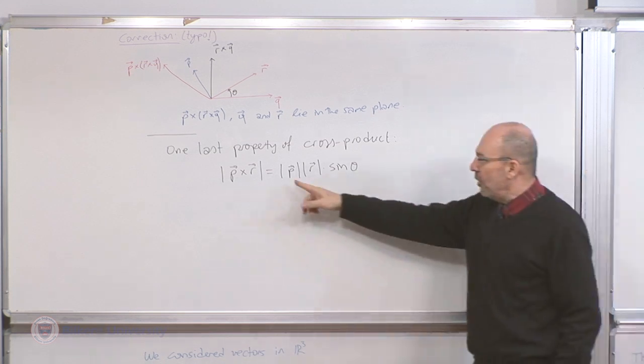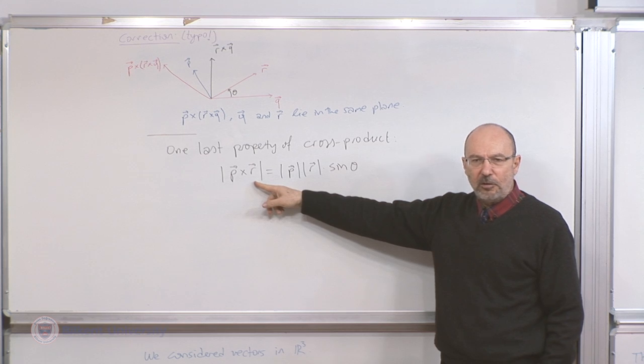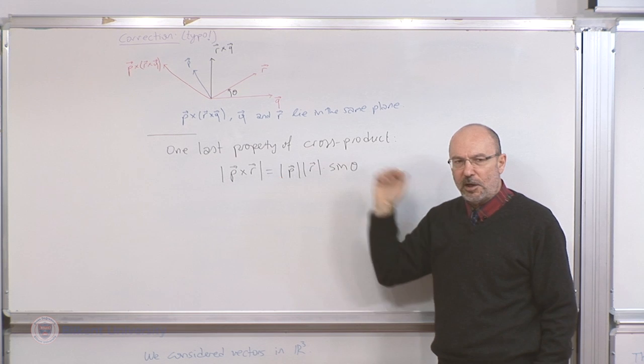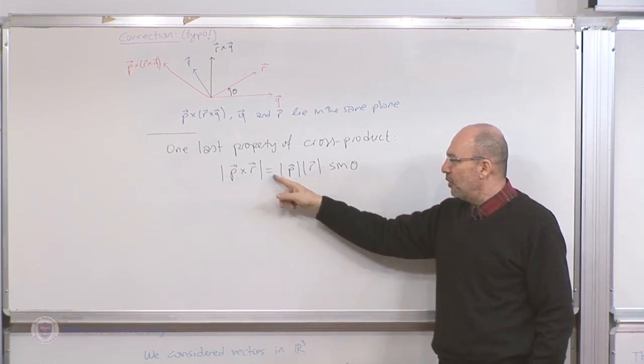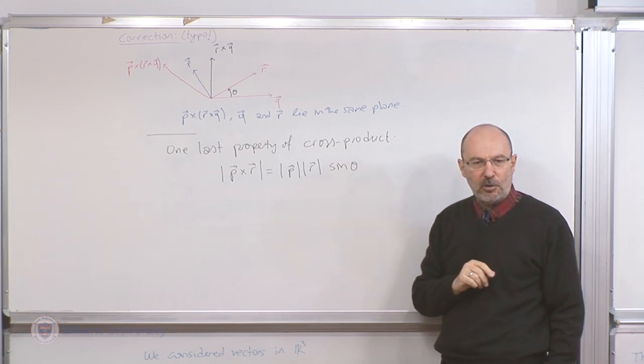You see that we are talking about lengths of some vectors. Length of a vector is always square root of something, so the easiest way is to square both sides. So is the square of the length of this vector equal to the square of this length times the square of this length times sine square?